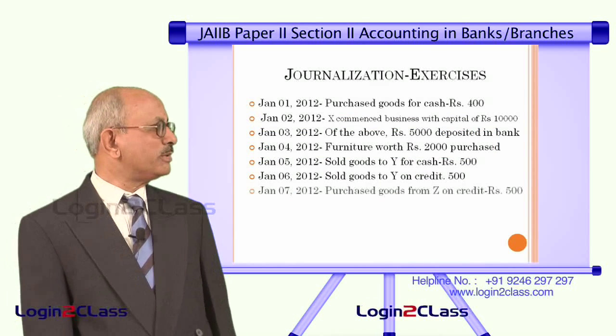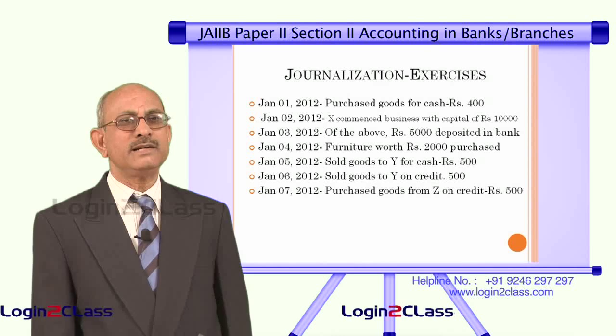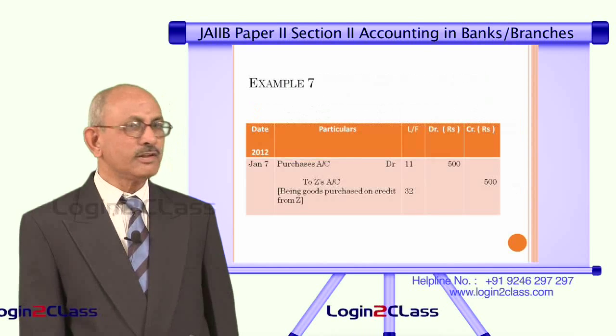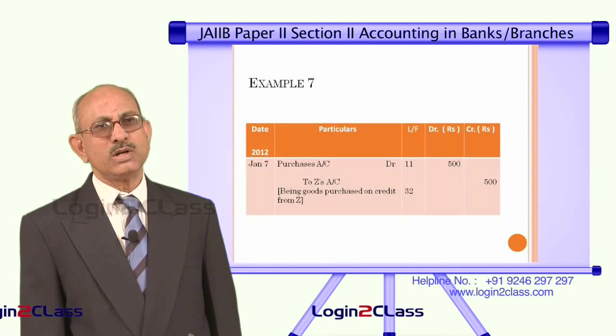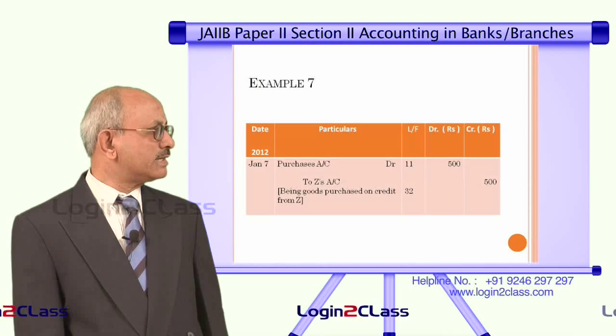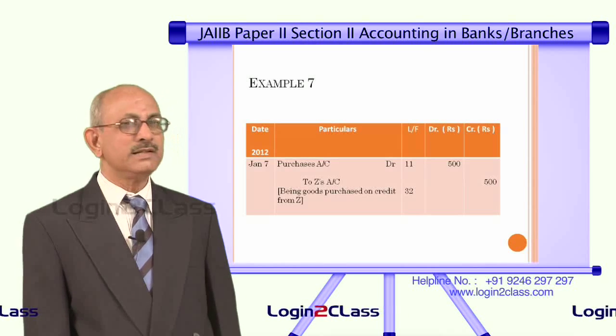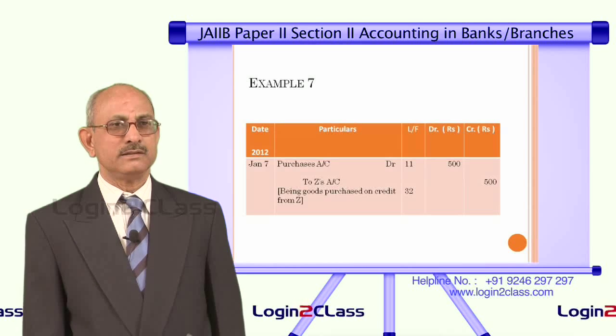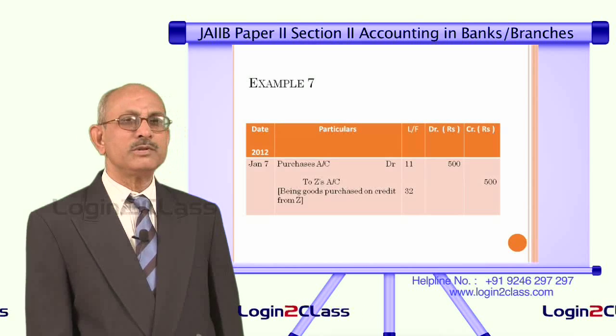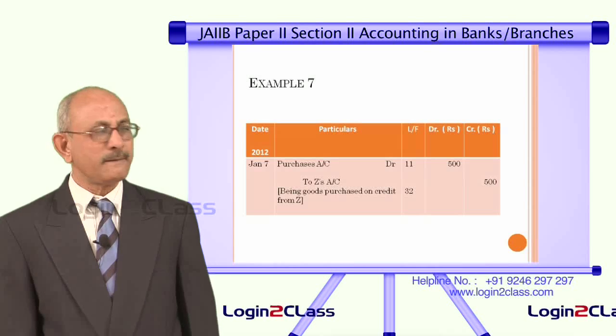And the next problem is purchase goods from Z on credit rupees 500. So first identify the two accounts which get affected by this transaction. One is purchase of goods, that is the purchase account. Second is Z's account, because Z has supplied goods on credit.